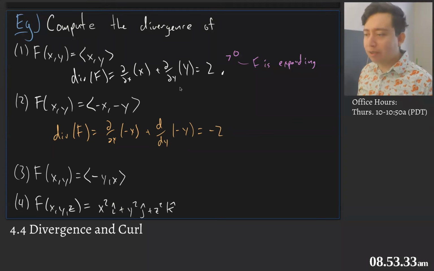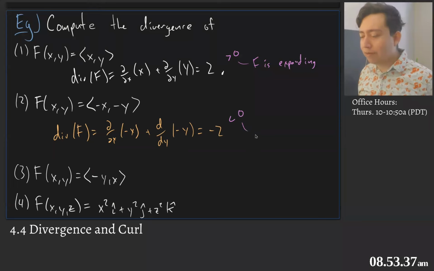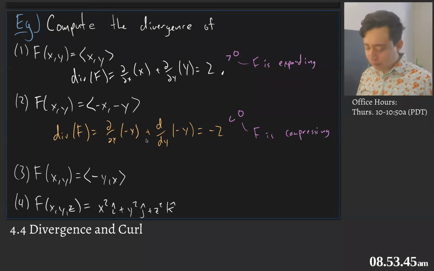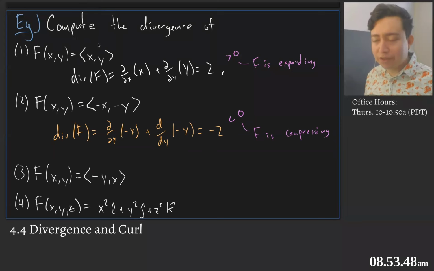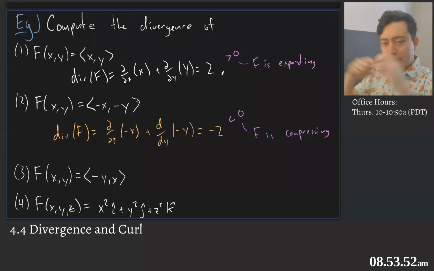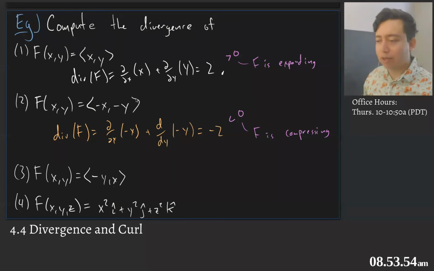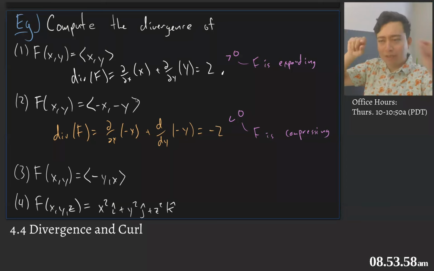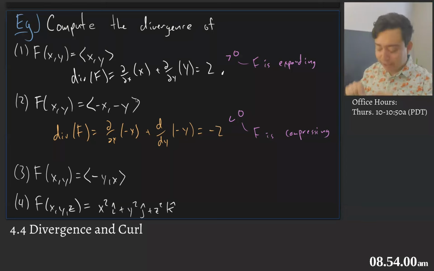So it's similar, but in the opposite direction. So I get a negative. So instead of expanding, this is compressing. The picture of this is similar to the picture of the first vector field we saw, except the arrows are all pointing inward toward the origin. So if I put any 2 particles anywhere, they would eventually all lead to the origin.